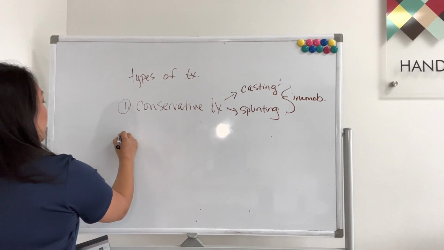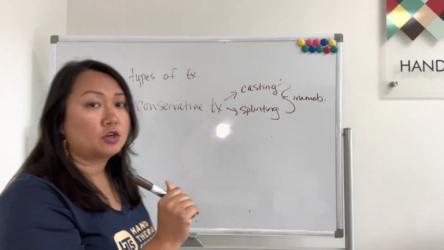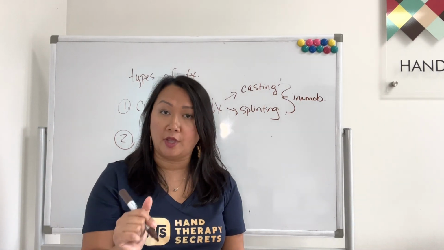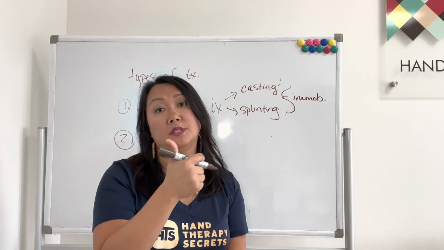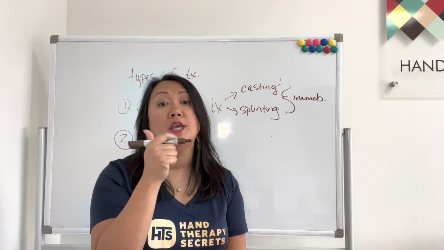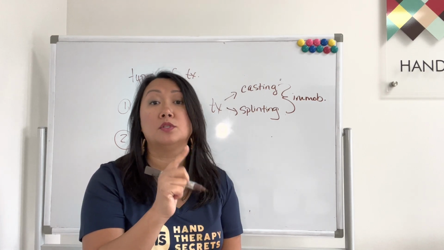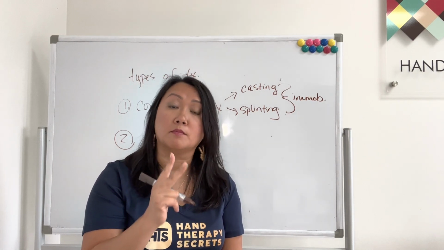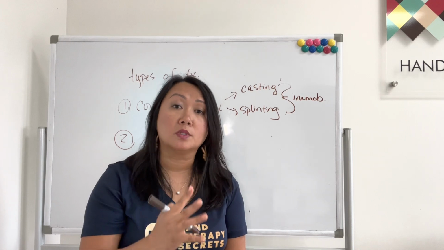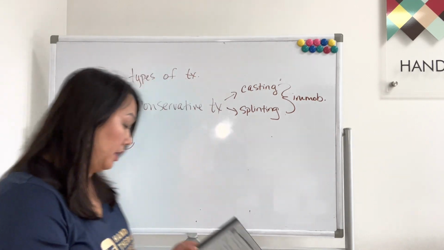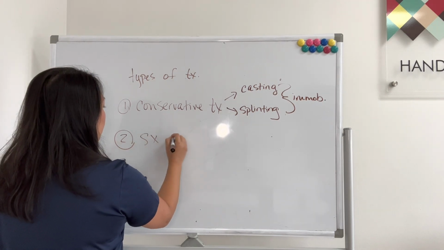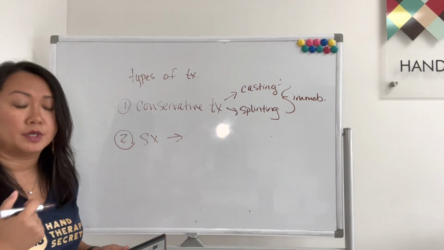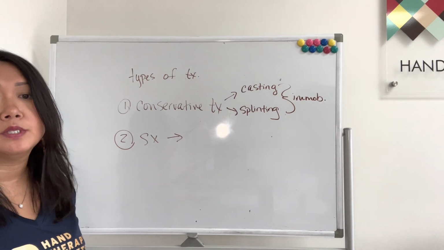And then if you have a fracture or a fracture dislocation that is severe enough, and the severity is if it's into the articular cartilage, if it's displaced a certain amount, or if it's into multiple pieces, multiple fragments, then you're most likely going to see a surgical component, right? And when you think about surgery, what types of surgeries are you considering that the doctor is going to be doing?